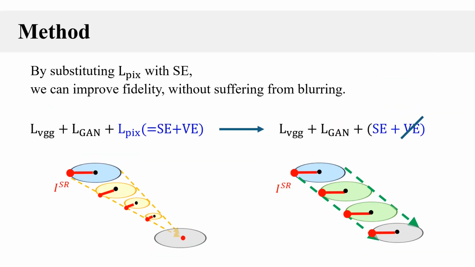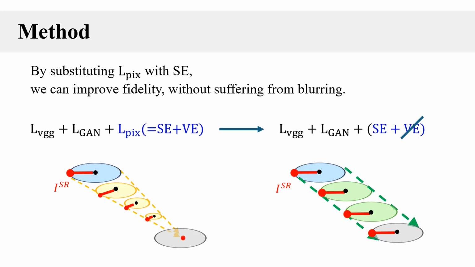This would be a simple overview of our method, where we replace LPIX, the per-pixel L1 loss or L2 loss, which reduces both SE and VE, with a loss function that only reduces SE, the systematic effect.